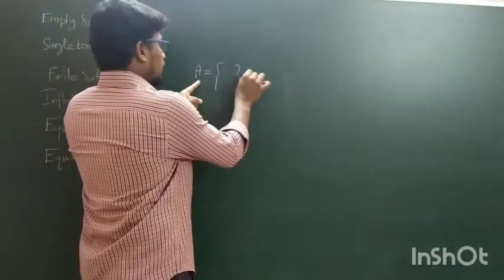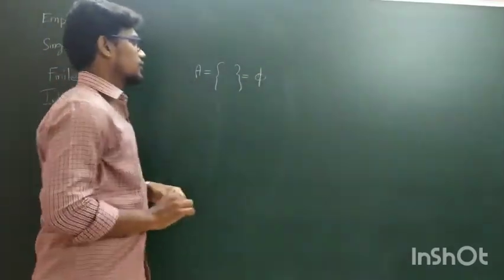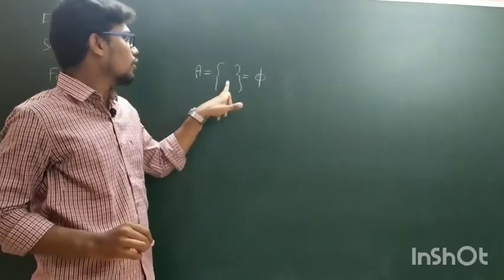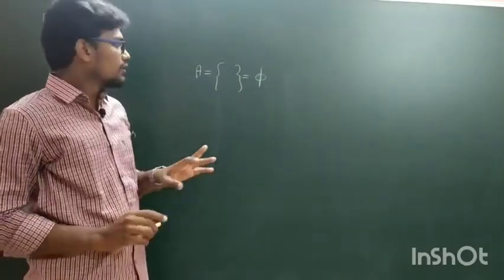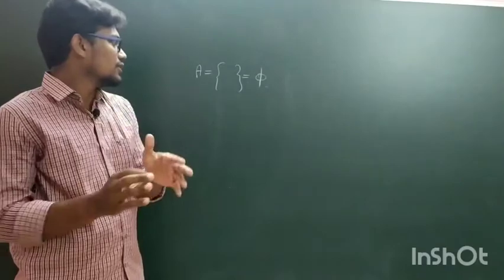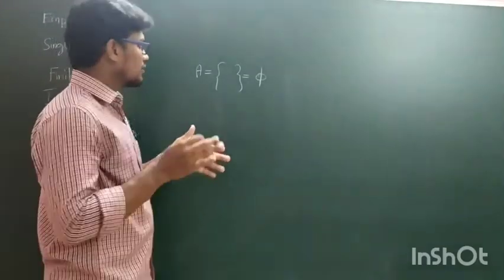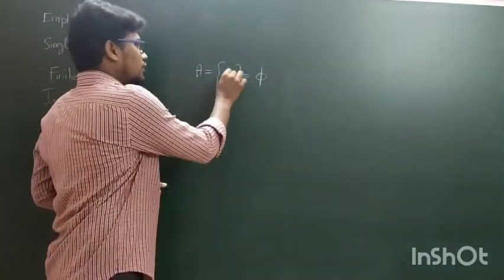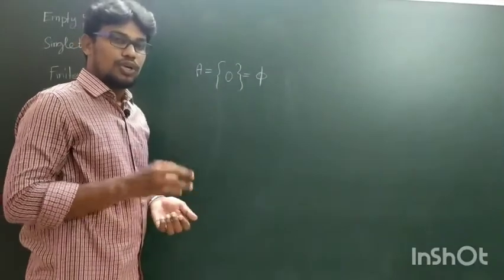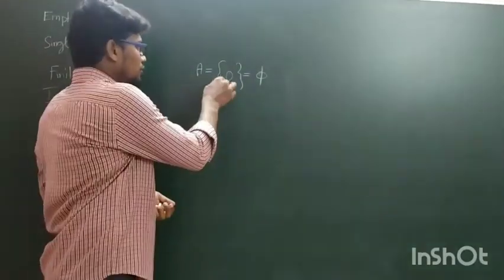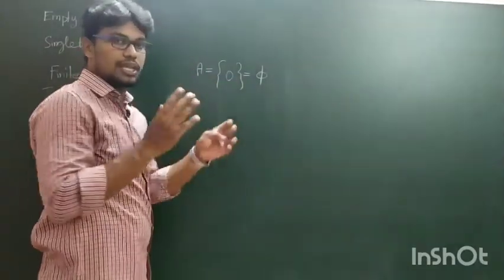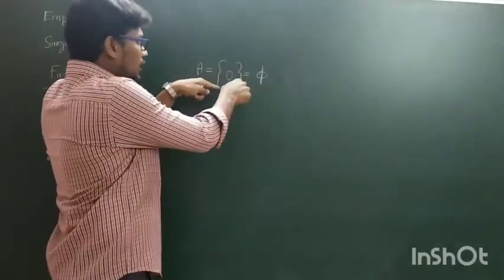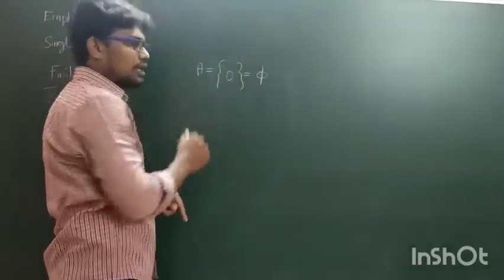Another way of writing this empty set is this, which is the notation of an empty set. Some students have a misunderstanding: if you ask them to write the empty set, they will put 0 like this. No, 0 means it's an element. A set is a collection of elements.